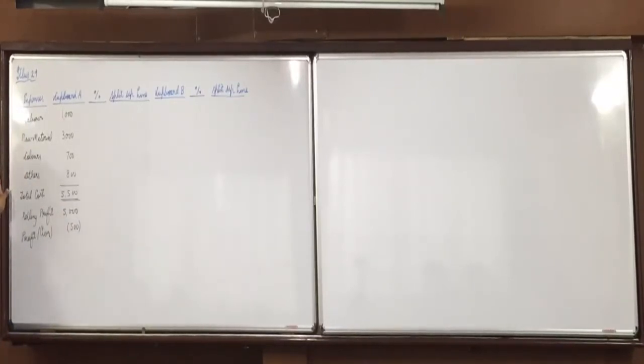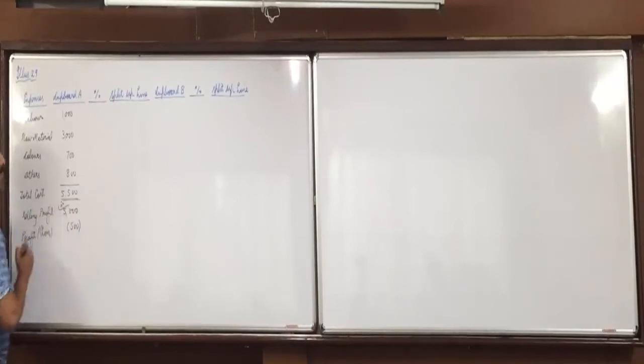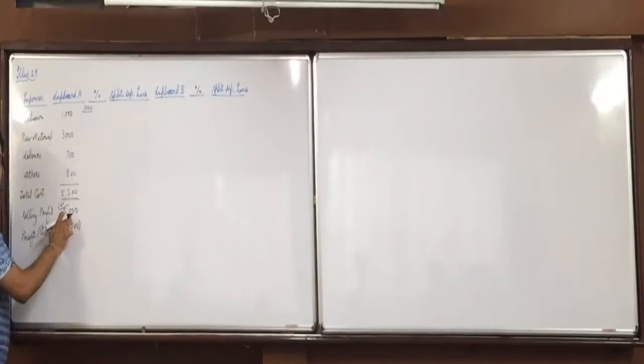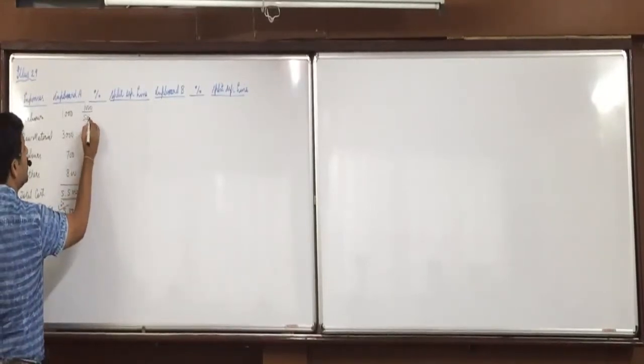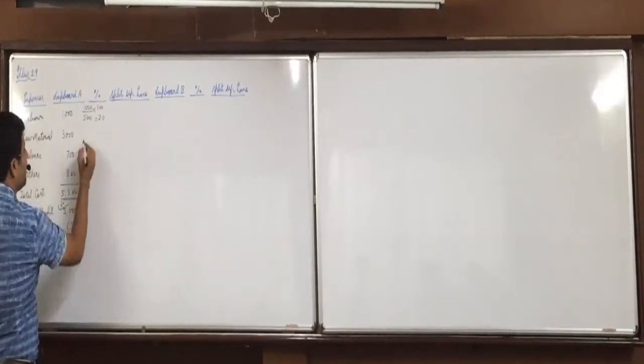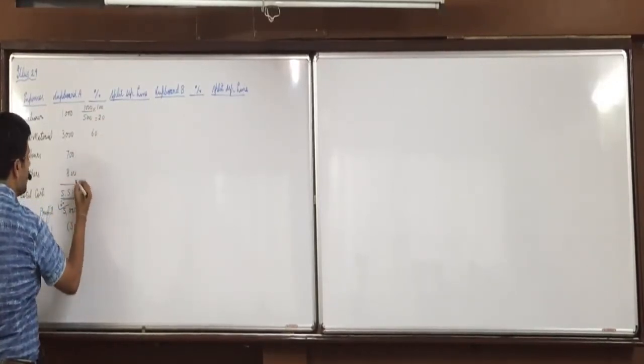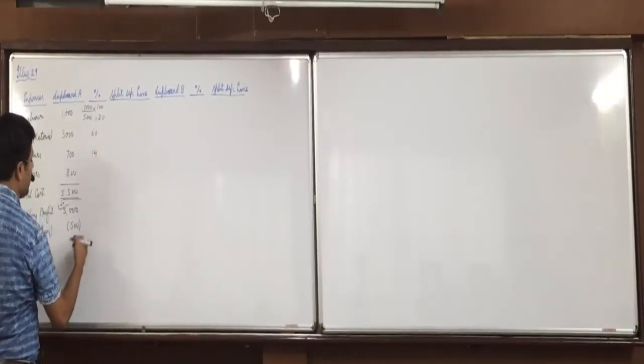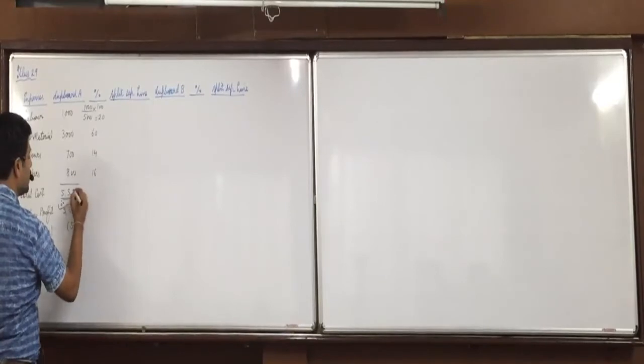Now, yesterday, how did we find the percentage? All the values were divided by what? Total and multiplied with 100. Now, you will not divide by total, you will divide by selling price. Means 1,000 divided by what is the selling price? 5,000 into 100, 20%. 3,000 divided by 5,000 into 100, 60%. 700 divided by 5,000 into 100, 14%. 800 divided by 5,000 into 100, 16%.